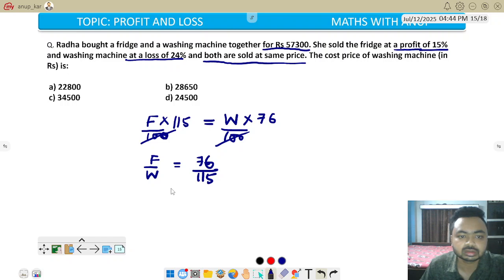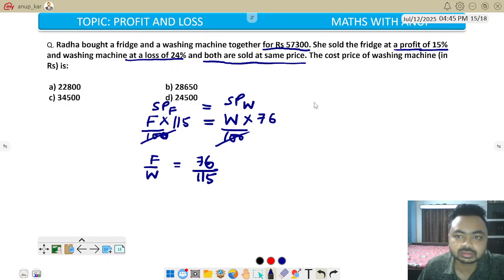Yes, it is correct. Both are sold at the same price, so here we have matched the selling price ratios. This is the selling price of fridge equivalent to selling price of washing machine. Now it is clear.